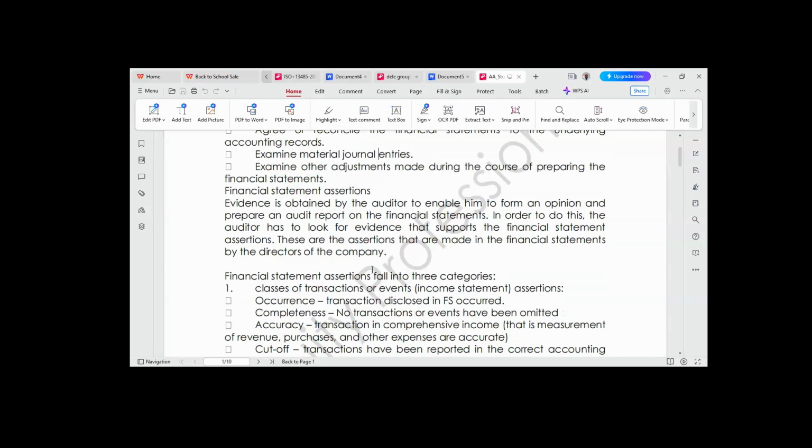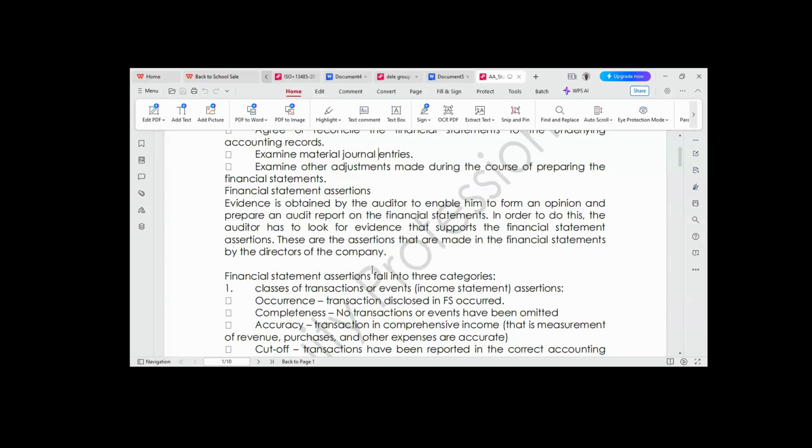How will you test that? You will need to request for source documents. That's the only way we will know that those transactions are not fictitious. Then completeness, that no transactions or events have been omitted.